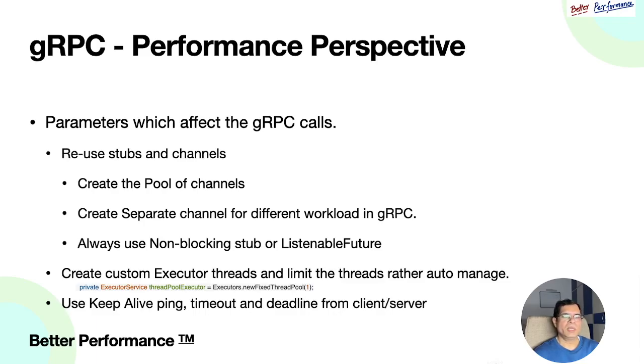So the client always provides a deadline. Let's say it says 2 seconds is the deadline. The server understands and keeps responding within 2 seconds. If it is more than 2 seconds, it will stop working on that request. So this will always improve gRPC performance on both the server side and the client side.